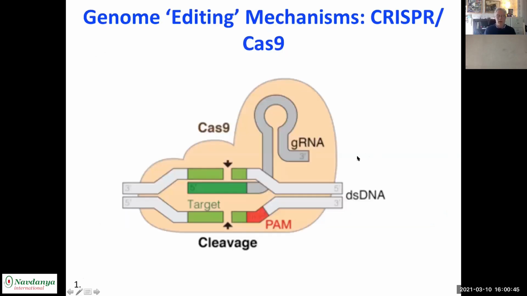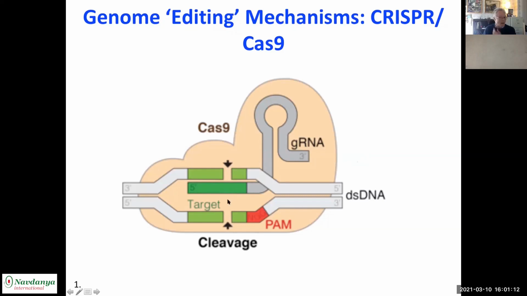So here is a picture of it a little up close, somebody else's demonstration of how it works. But essentially what you can see here is you have an RNA sequence, which is the gRNA, this part here. And what it does is it basically inserts between two strands of DNA. And when it finds a match that it likes, it cuts the DNA in two, right?